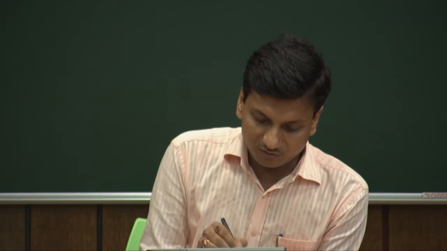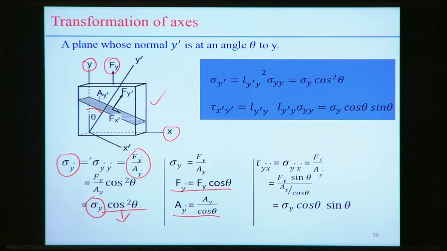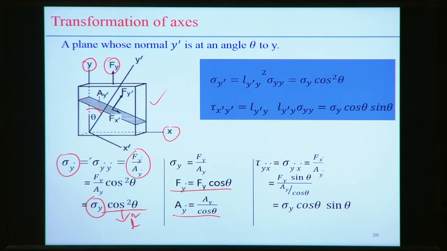So this is the multiplication of two direction cosines. If it is L and M with respect to different axes, or with respect to the same axis, then it becomes the square. Similarly, shear stress on the new transformed axis system can be defined in a similar fashion. You can find sigma y cos theta sin theta.